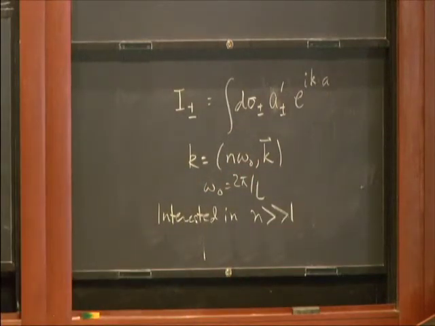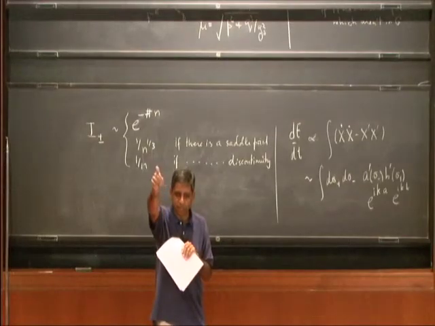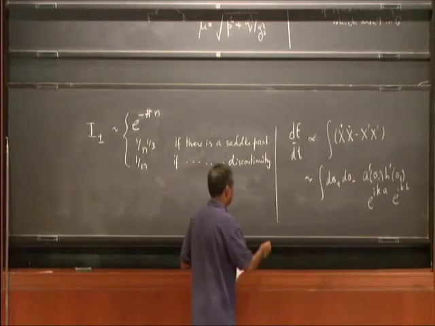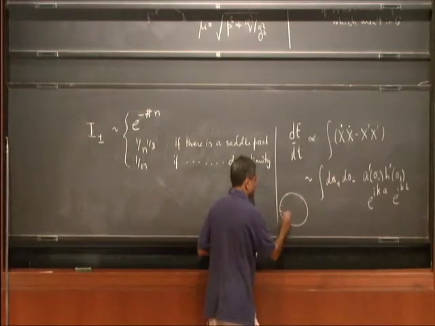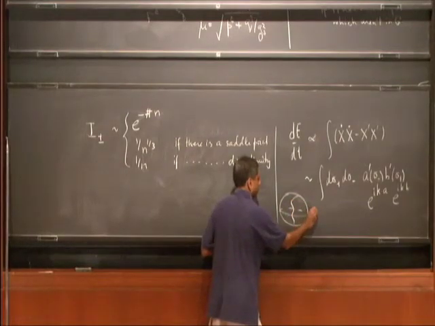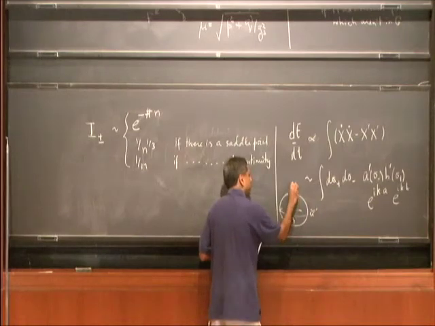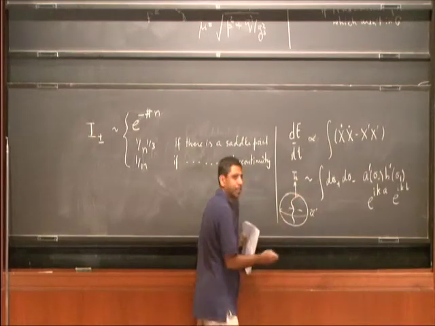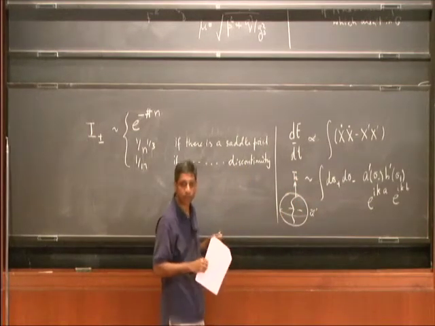So if your k is aligned in the direction of a prime, then you will have a saddle point.